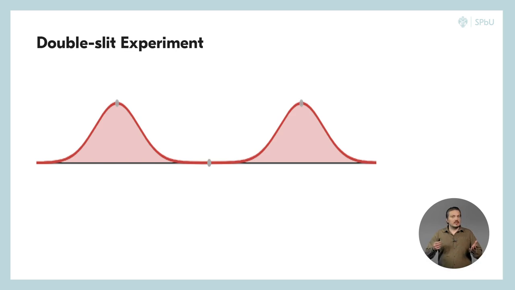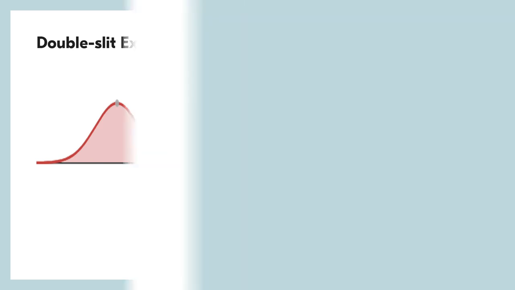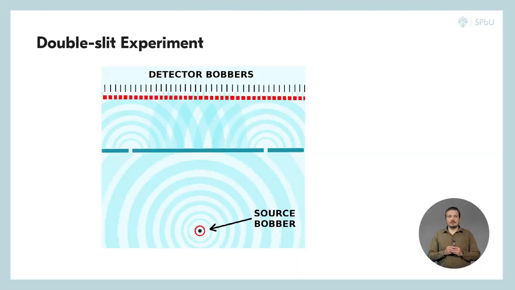Let's go to the second part of the experiment. In the previous experiment, we were counting bullets. Now let's count something completely different. The screen with two slits is now going to be placed in the water, like it is shown on the slide.